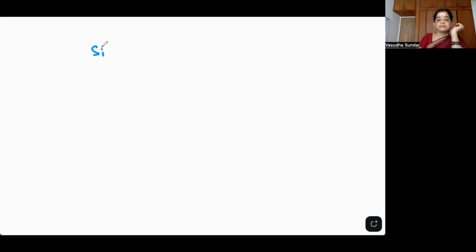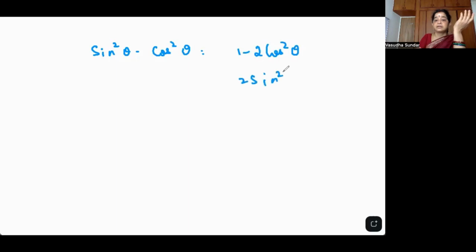Now, suppose I have sine square theta minus cos square theta, this is the problem. Now this can have multiple solutions. It can have, say, 1 minus 2 cos square theta as a solution, or 2 sine square theta minus 1 as a solution, right?